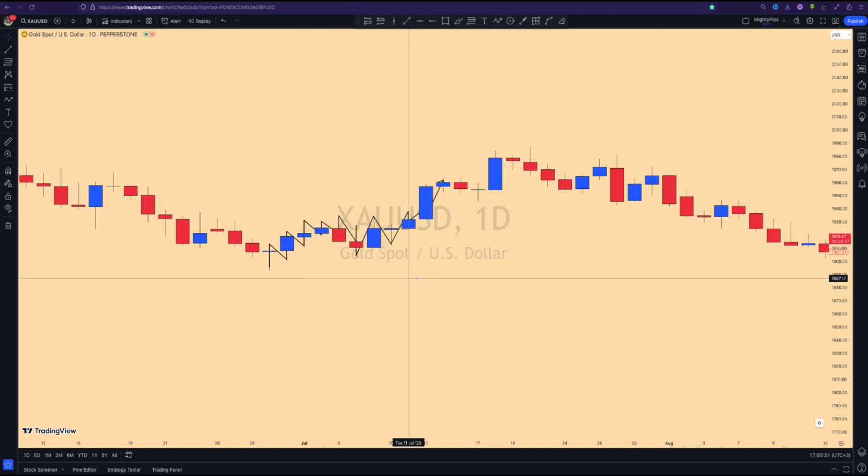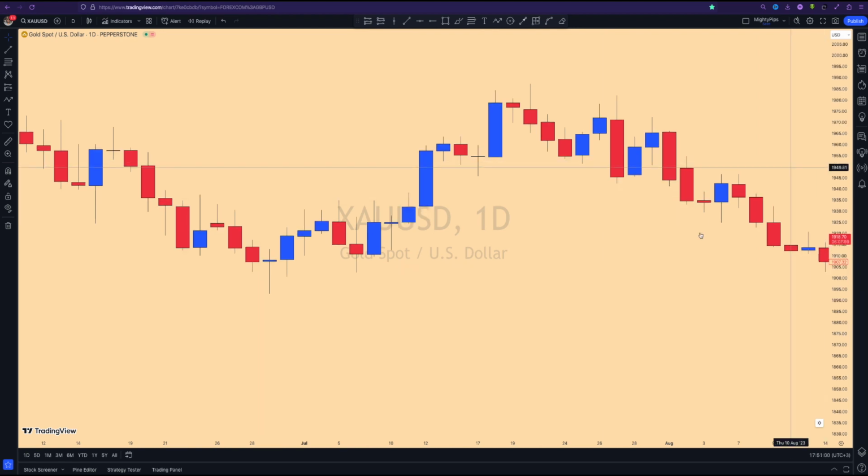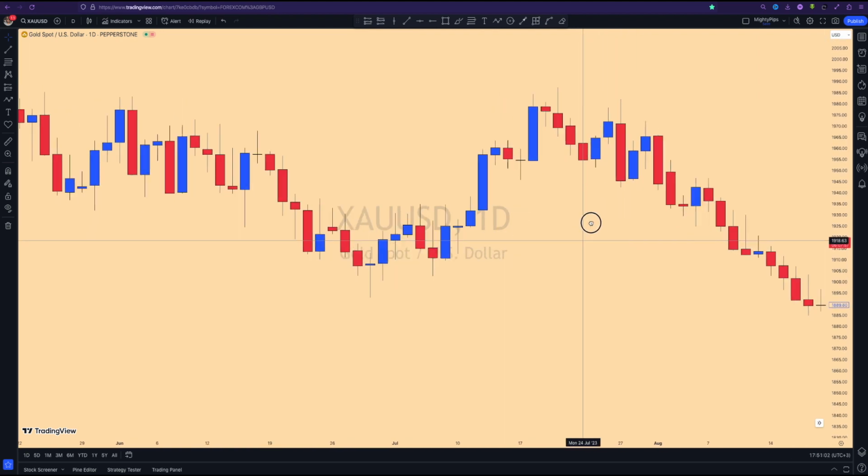Now, some of you will find this interesting and some of you will find it confusing. But if you understand how to draw market structure from a higher time frame, the lower time frame will take care of itself. This is what you do if you want to draw support and resistance on your levels of structure, so that you can get trades.